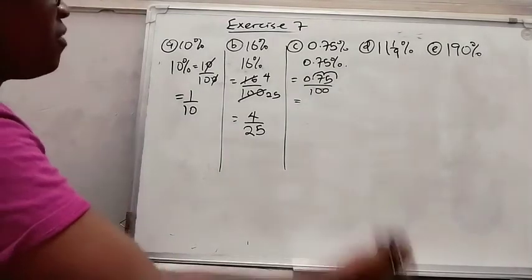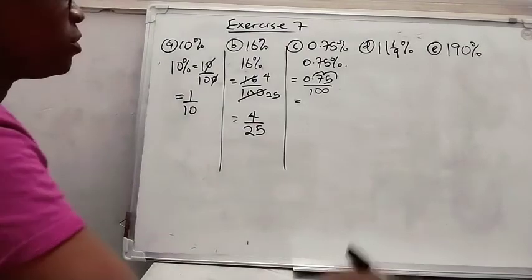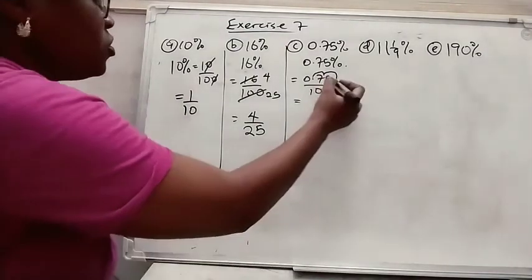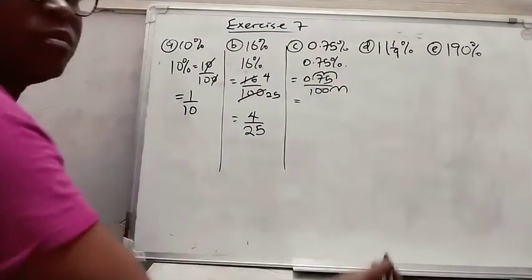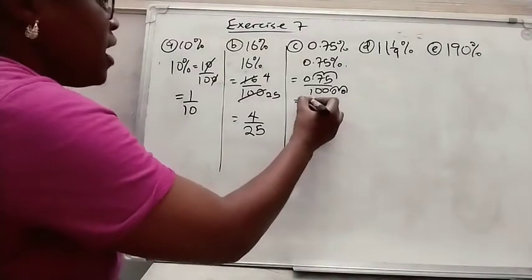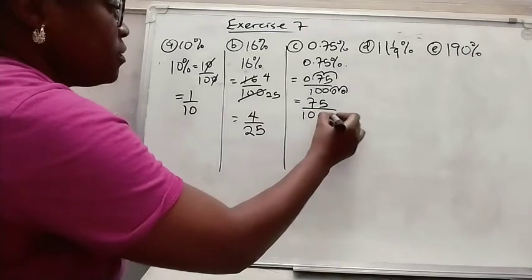And remember, whatever you do at the numerator has to be symmetrical with the denominator. So the denominator decimal is after 100. We'll also move 2 decimal places. So add 0 here. So we'll have 75 all over 10,000.